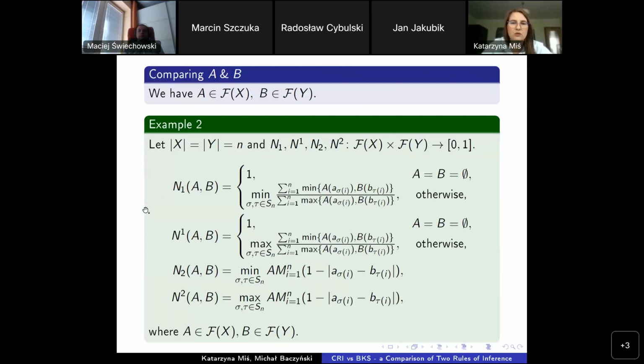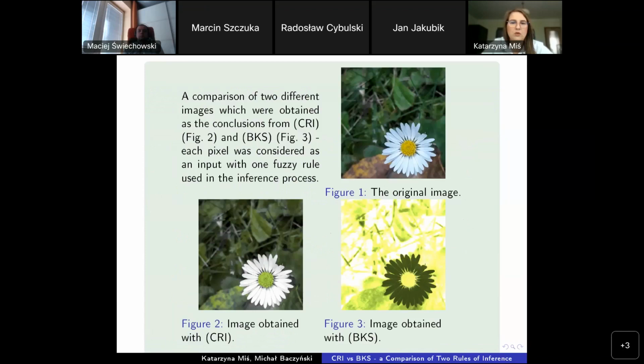made an experiment with an image, and we compared them using two different rules. So we have an original image. This is the image number 1, and we took one fuzzy rule, which I will present later.